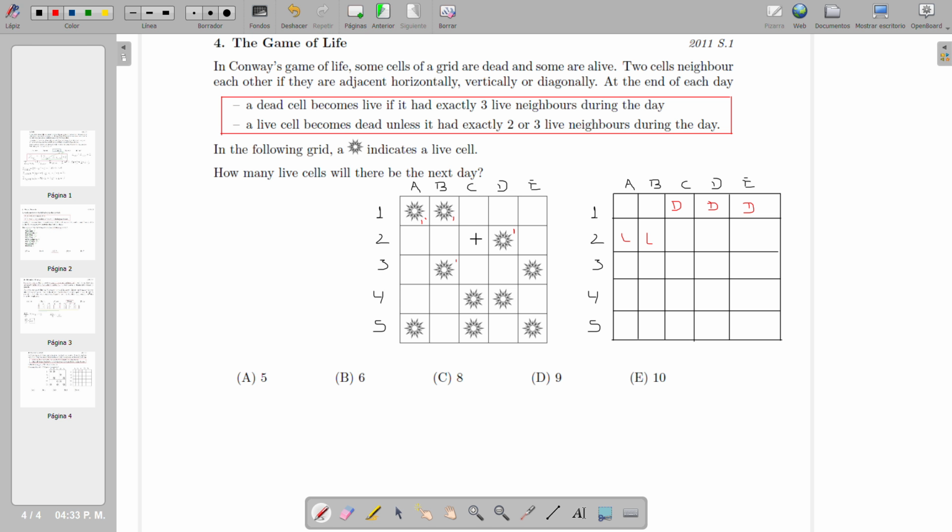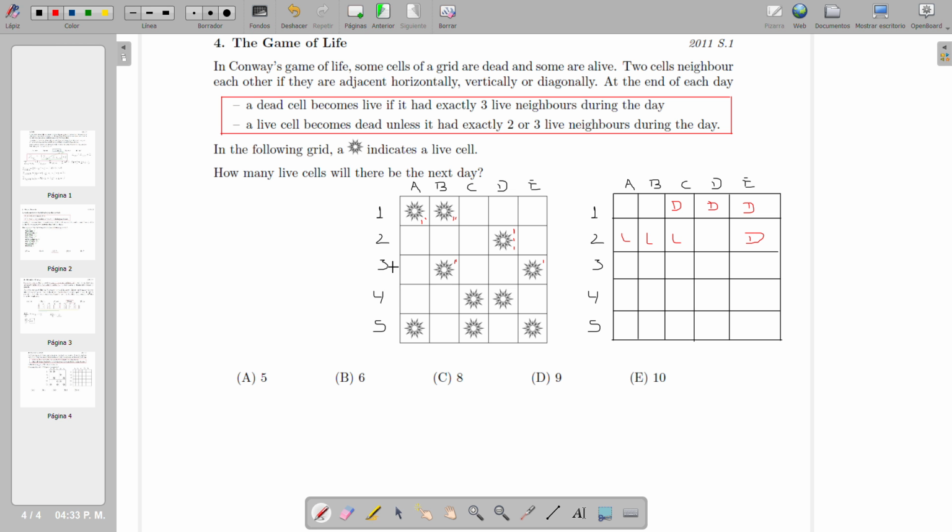For cell C2, we have 1, 2, and 3 live neighbors. So this cell will be live. And cell E2 has just 1 and 2 live neighbors. So this cell will be dead.